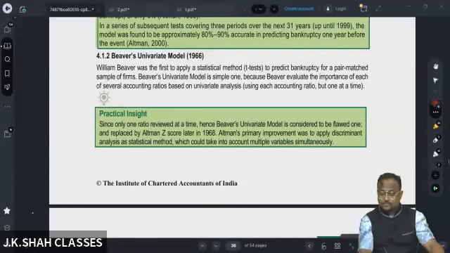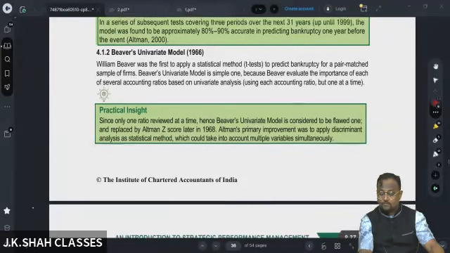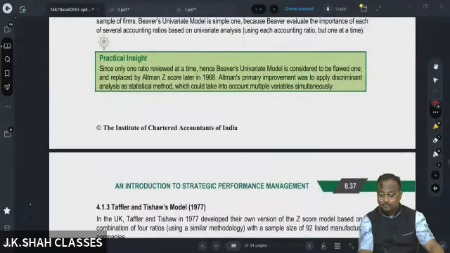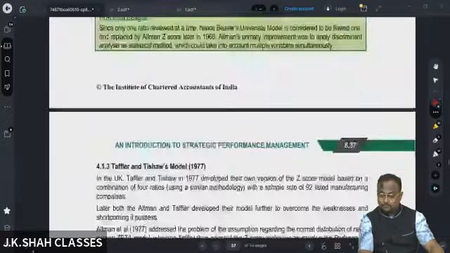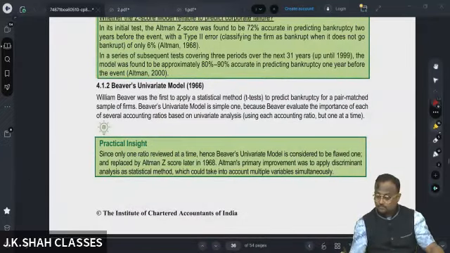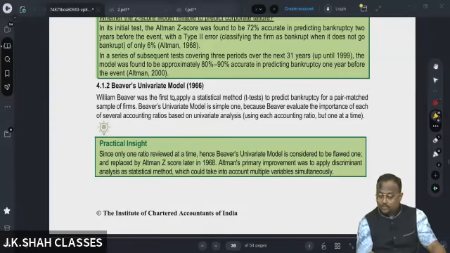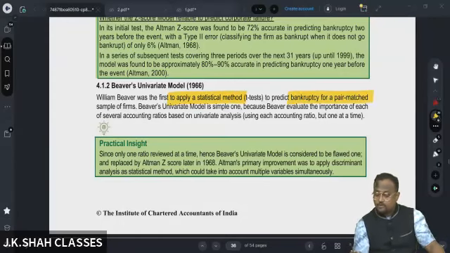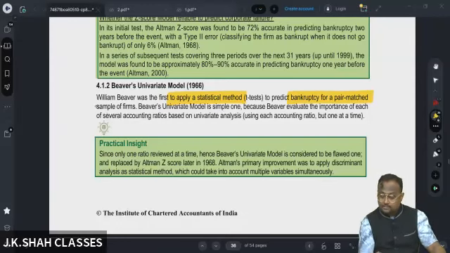The second one is Beaver's univariate model. He was the first one to apply a statistical method to predict bankruptcy for a pair matched sample of firms.